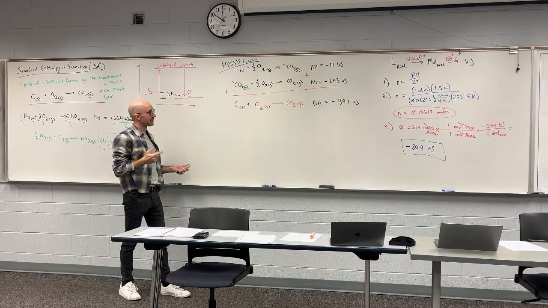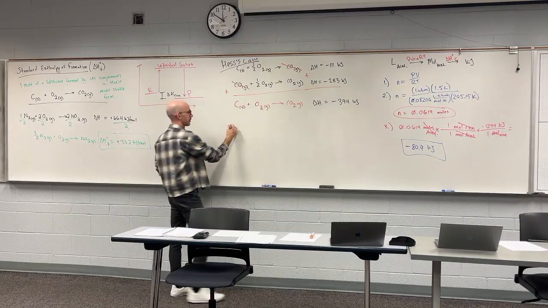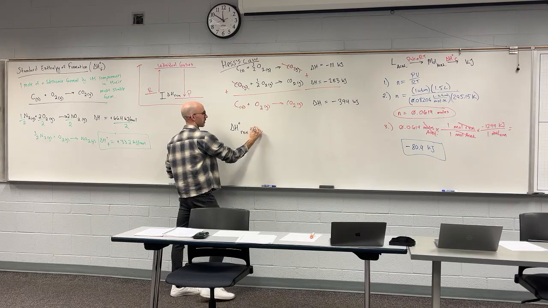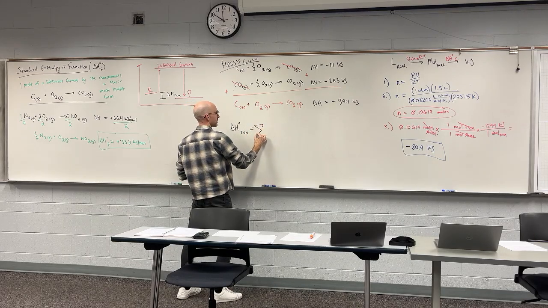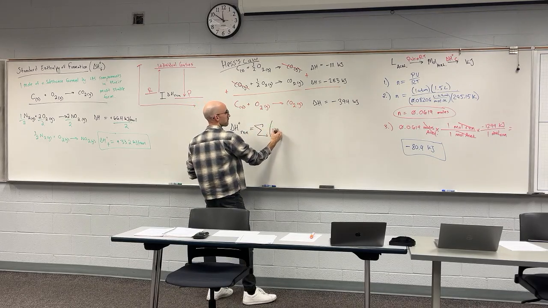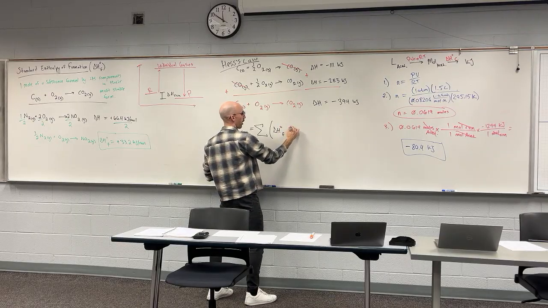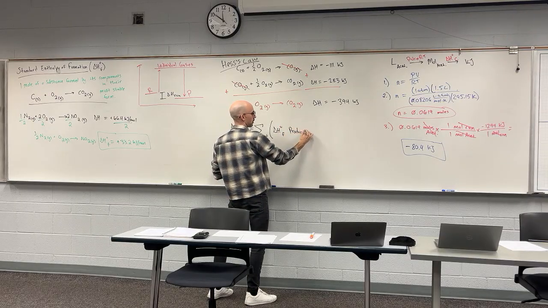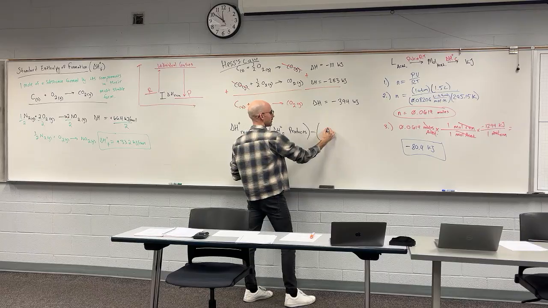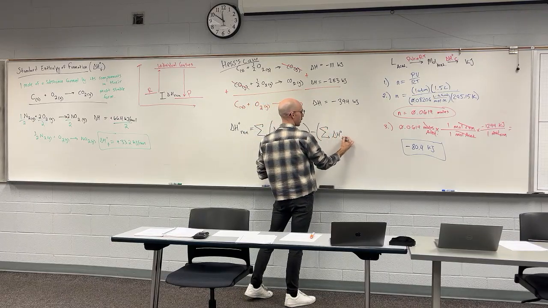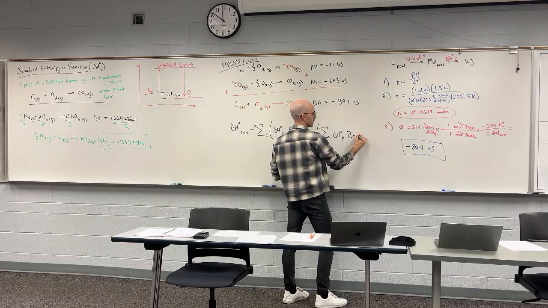And that leads to this final piece, which is, in order to calculate the heat of a reaction, you can actually take the sum of the heat of formations for your products, final, minus the sum of the heat of formation of your reactants, initial.